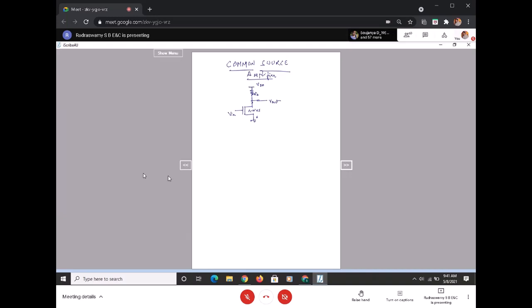So here you can see that source is connected to ground. Okay, that is ground basically.